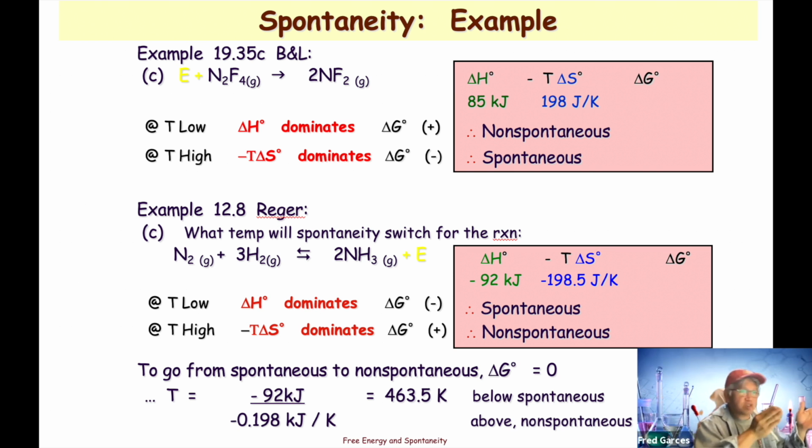It's either spontaneous all the way, no matter what the temperature, or it's not spontaneous all the way, no matter what the temperature. It's only when they have the same sign that you have a switching temperature. And the switching temperature is the temperature in which it goes from spontaneous to non-spontaneous, or vice versa.